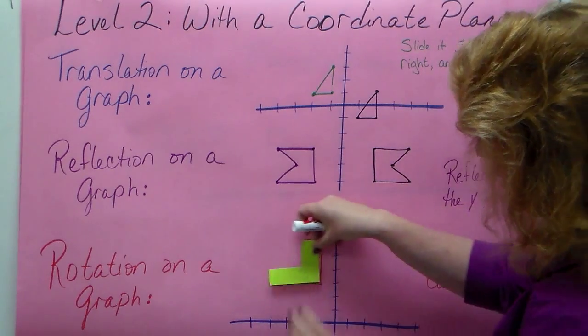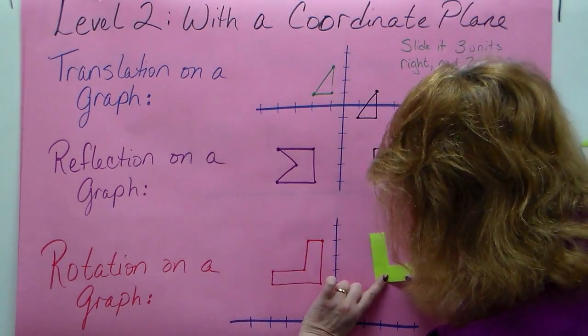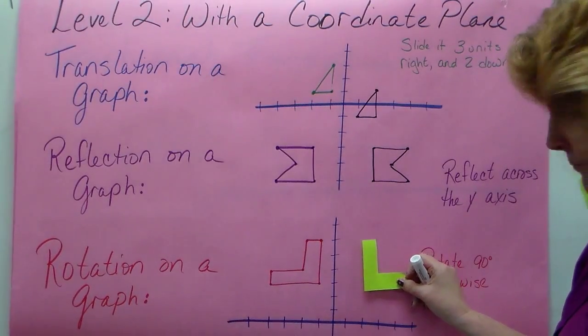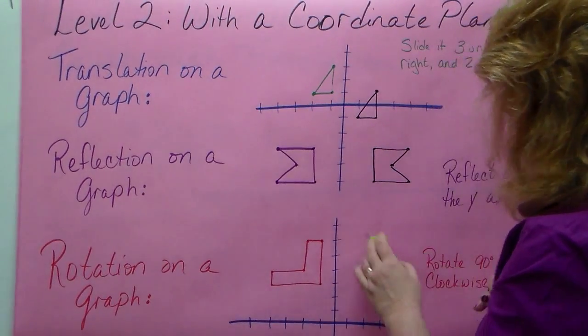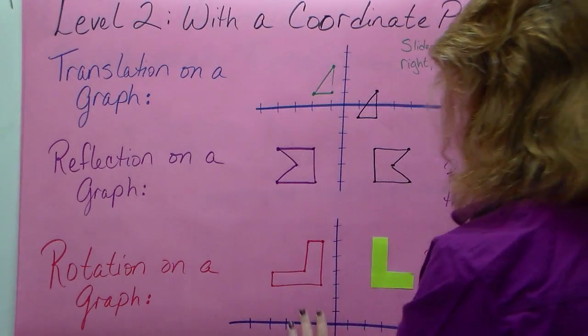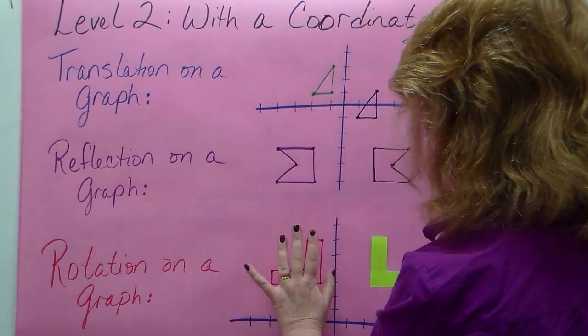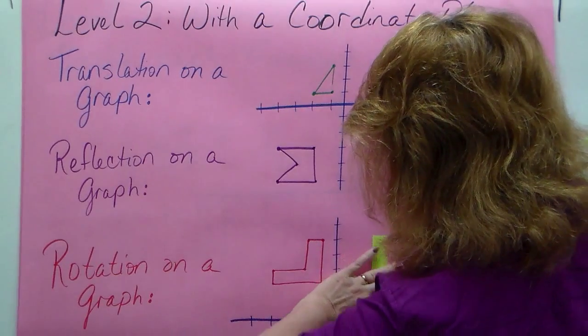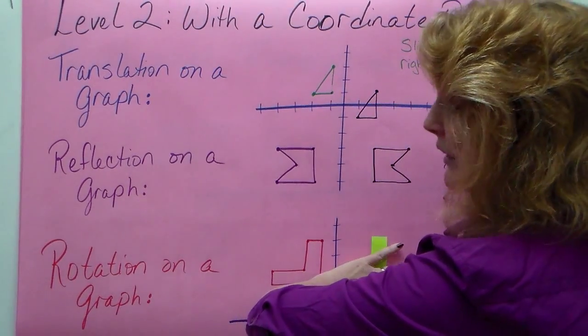But you don't just slide it, you have to rotate it. So it should end up looking kind of like this. Okay? So, here's the tricky part. If you look at this quadrant like this, and you want to rotate, you have to look at this quadrant like this.